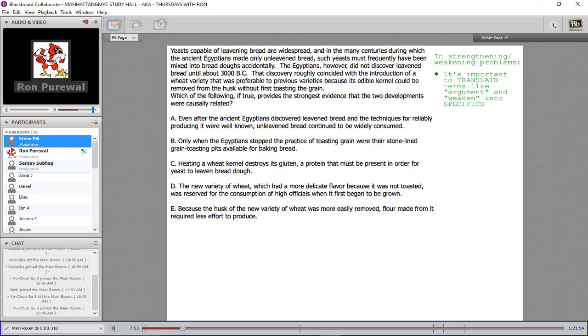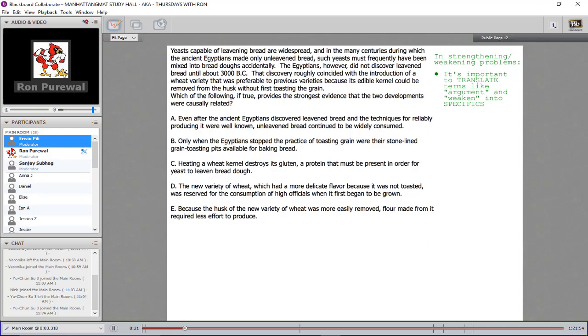You actually want to translate those into specifics. Because when people have conversations about stuff, people don't have conversations in terms of how would you weaken this argument? People talk about things that are things. People talk about specifics. So that's an important thing to do right off the top.